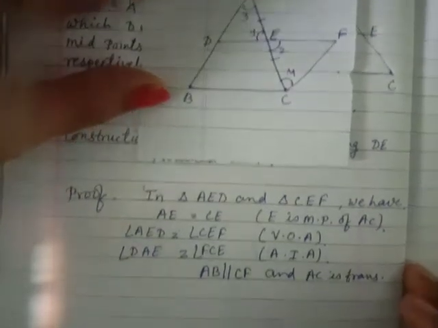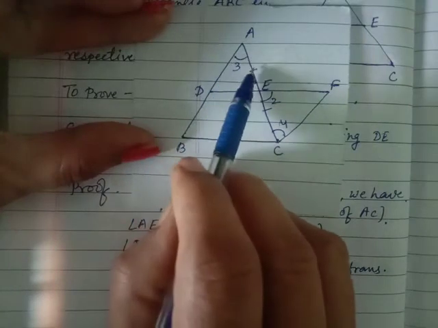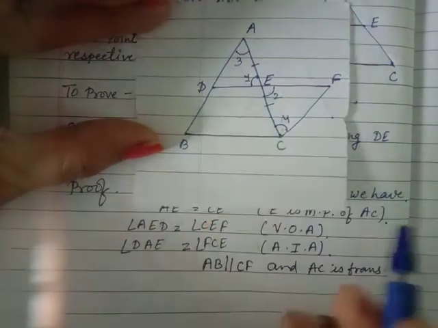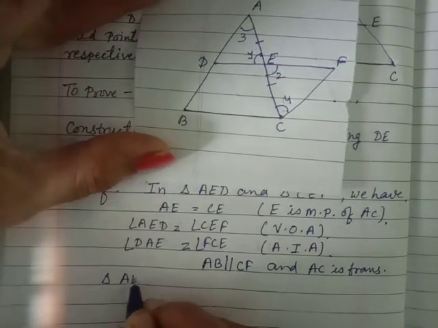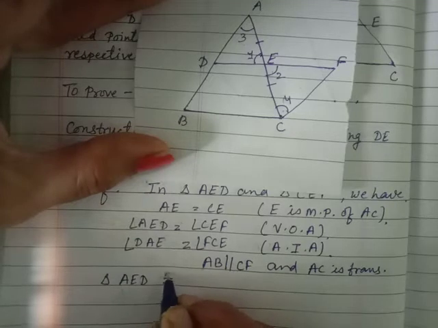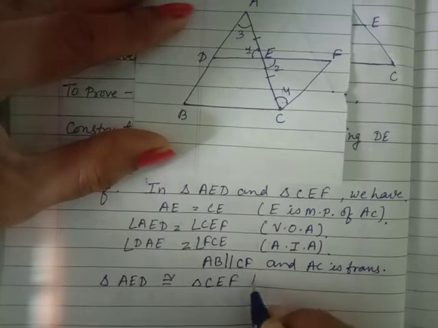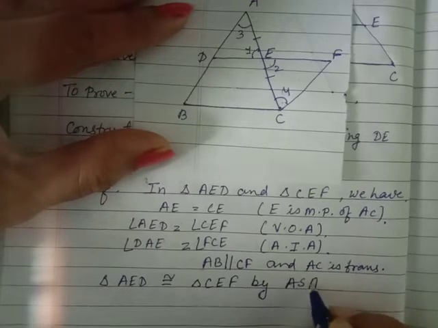So we have got three facts: angle, side, angle. So our triangle AED is congruent to triangle CEF by ASA.